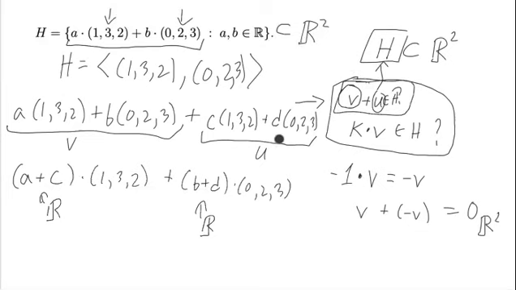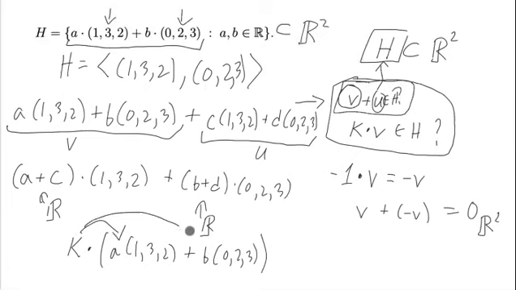Now, is this span closed under scalar multiplication? So let's take a scalar k and apply it to a vector v that's in H. Now, it needs to be an arbitrary vector that's in H, so it needs to have a description of what it means to be in H, which is something like this. So let's just take k times (a (1, 3, 2) plus b (0, 2, 3)), and this k will distribute through.